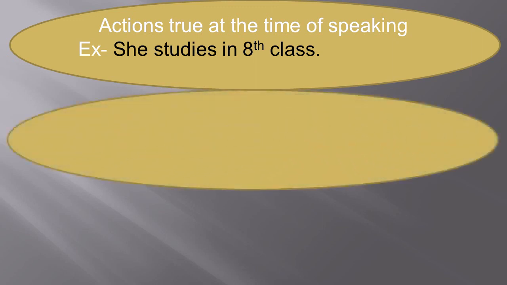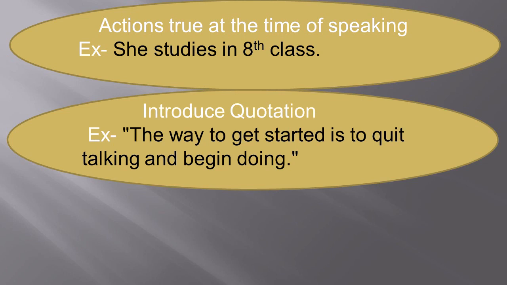Next use, we have to introduce quotations, the sayings by famous poets or famous philosophers. For example, the way to get started is to quit talking and begin doing. That is a famous saying by Keats. So, to introduce quotations, we always use present indefinite tense.